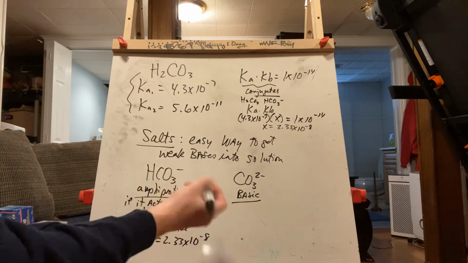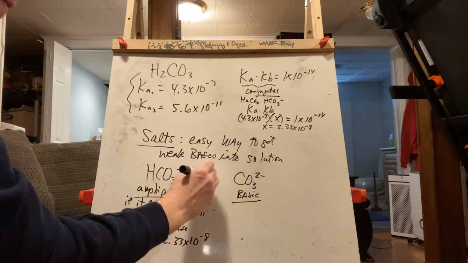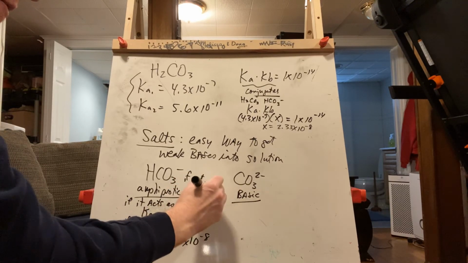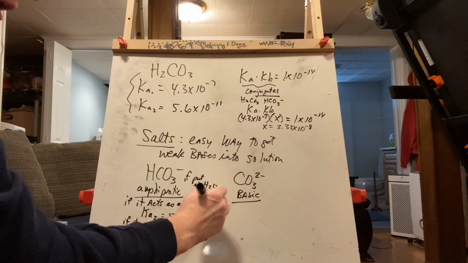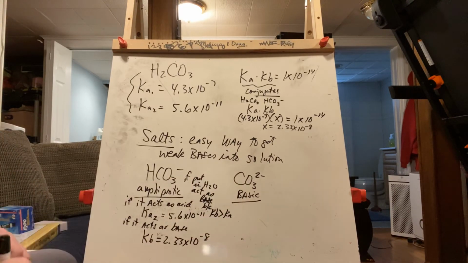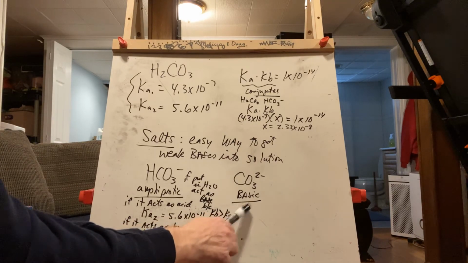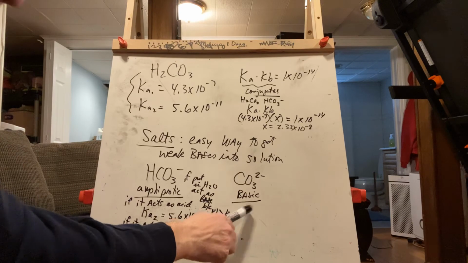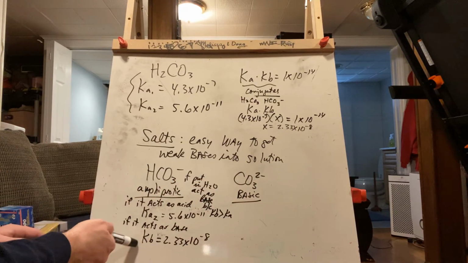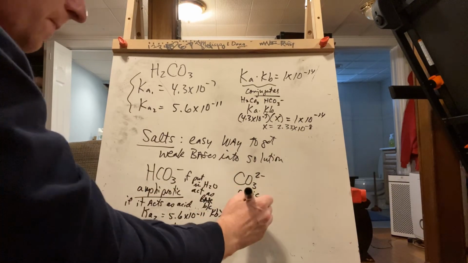So HCO3 minus, if you put it in water, will act as a base because Kb is greater than Ka. For the CO3 2 minus, the acid side doesn't matter at all. It can't be an acid. There's no H. So all you have to do is calculate a Kb.